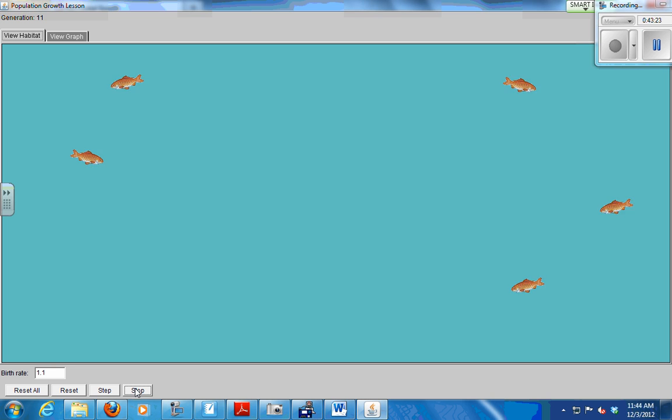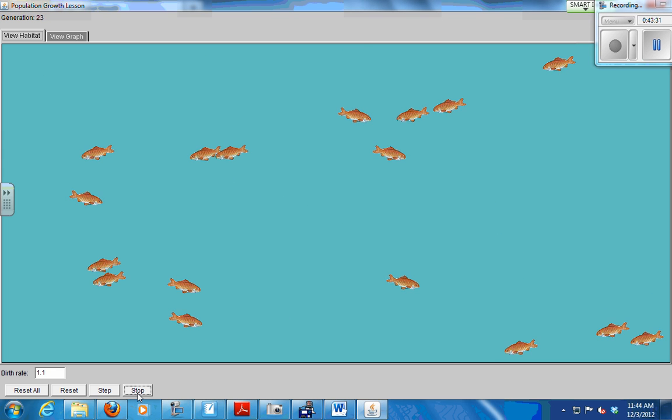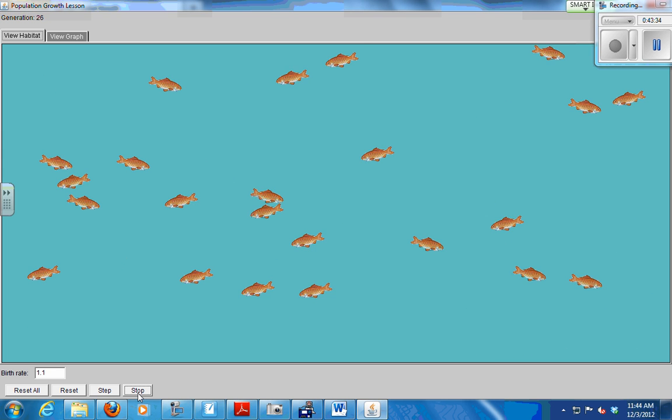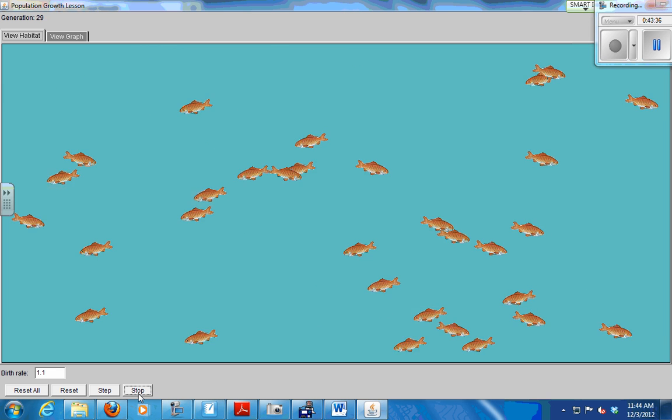So it's growing pretty meagerly at first, and then it's going to take off. Now we have a pretty decent number of fish.